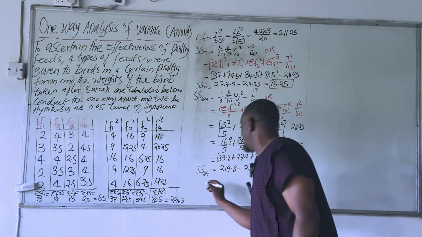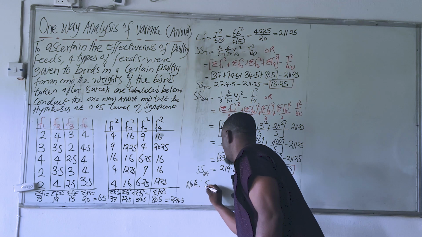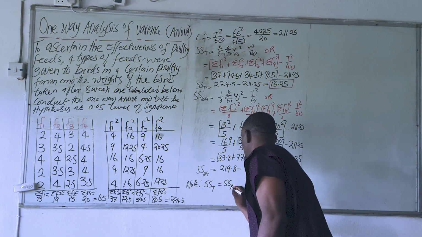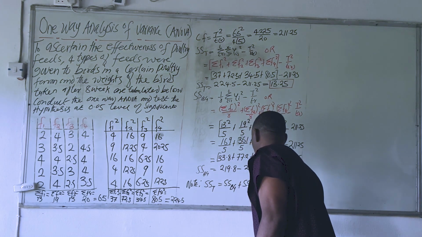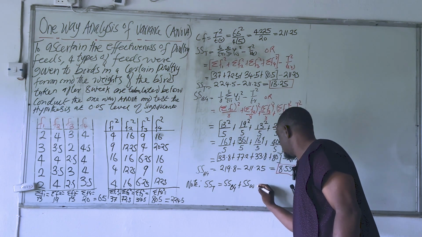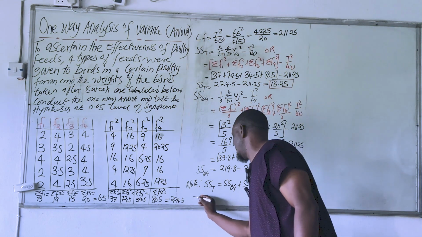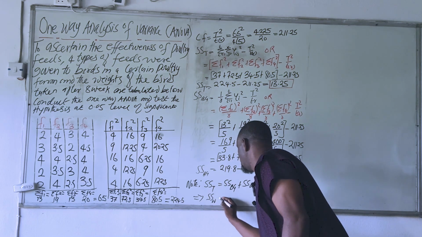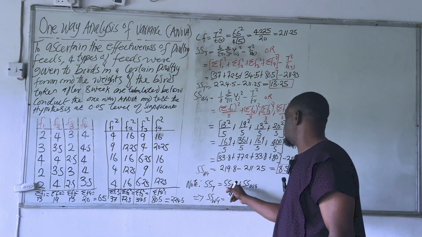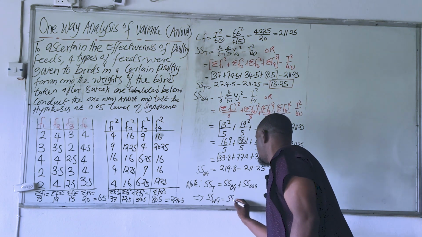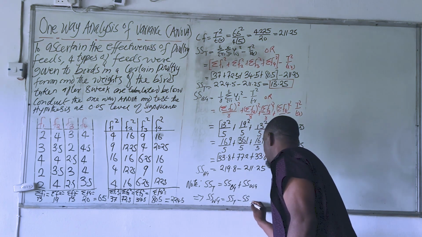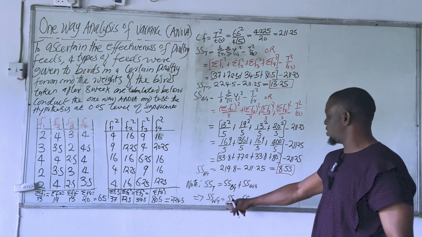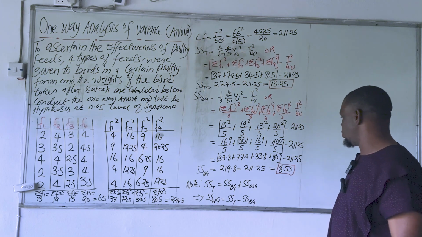Okay. So the next thing to calculate, from what we outlined earlier, will be sum of square within group. Note that sum of square total is equal to sum of square between group plus sum of square within group. So this will imply that our sum of square within group will be sum of square total minus sum of square between group. So that becomes our formula for a sum of square within group.